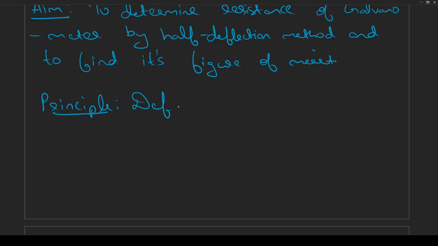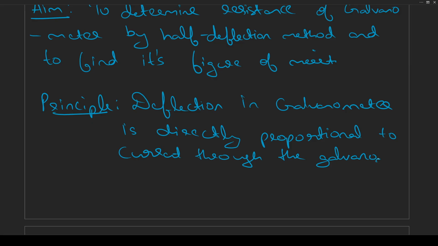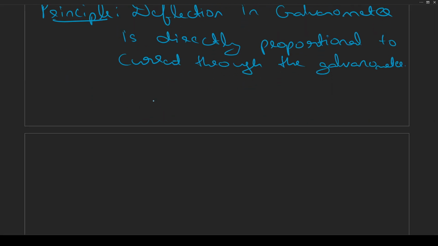The principle is that deflection in the galvanometer is directly proportional to current through the galvanometer. Which is very straightforward here.